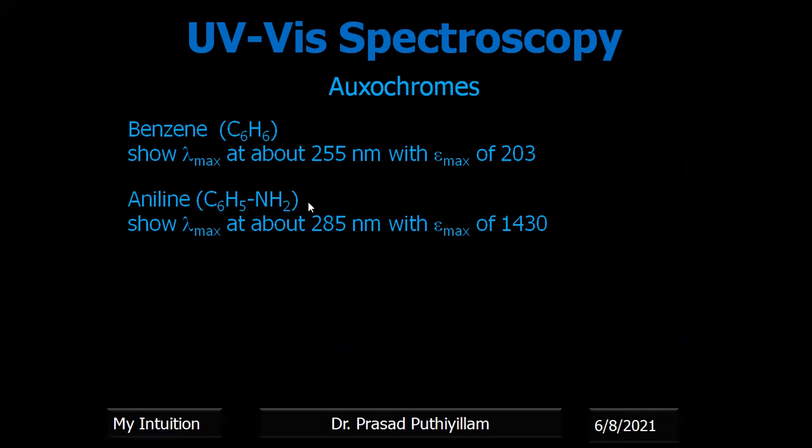Whereas if benzene connects with an NH2 group, we call it aniline, which shows an absorption maximum at 285 nanometer with an intensity of around 1430. So this change from 255 to 285, and the intensity from 203 to 1430, is because of the presence of NH2. The NH2 group is an example of an auxochrome.